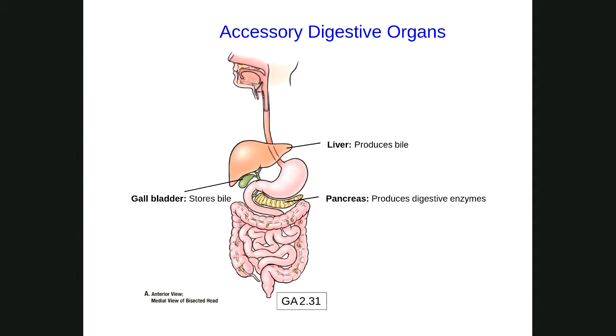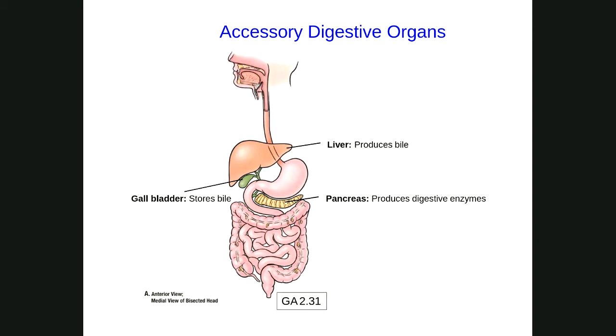And then we have more of these accessory organs. Of course, as you can see in the figure, the liver in front of you, one of the most important and vital life-saving organs in our body. And you can see also the gallbladder, which is closely related to the function of the liver, and of course the pancreas.